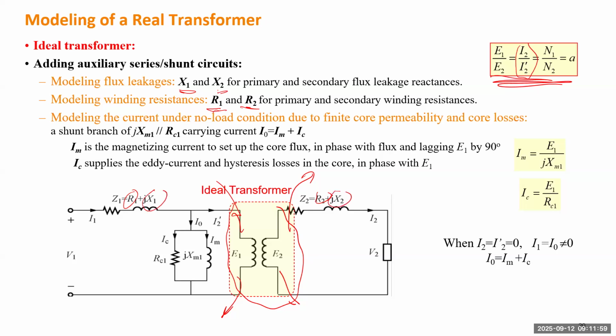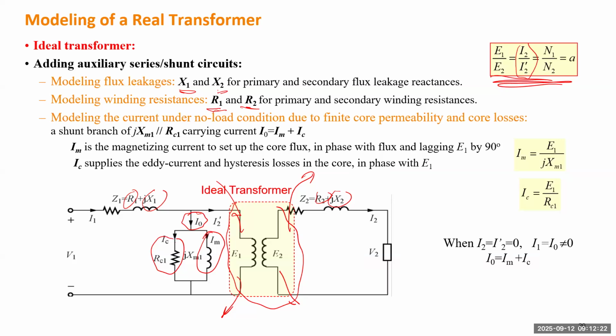And also, to build up the magnetic field, you do need to give the transformer a little current before the transformer can function normally. That current will contribute one part to build up the magnetic field, and the other component will generate some loss due to the eddy current.